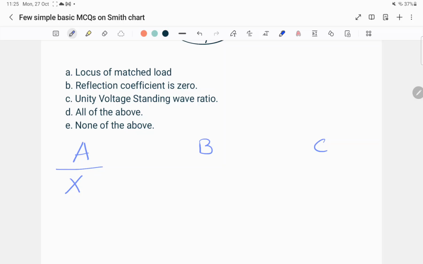So student A knows nothing about the Smith chart, whereas student B has full knowledge about transmission line theory, but doesn't know much about the Smith chart. He knows something about it. Whereas student C knows everything about the Smith chart, that is, everything graphically about the Smith chart.